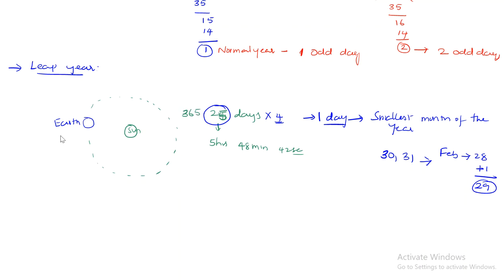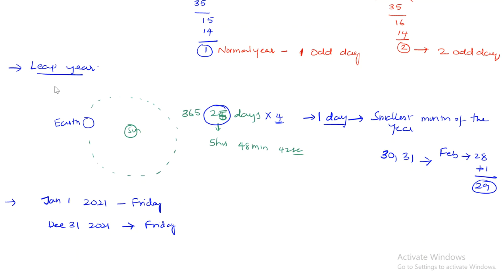One more point you can observe in any calendar: if January 1st, 2021 is a Friday, then December 31st, 2021 will be a Friday only, unless it is a leap year.